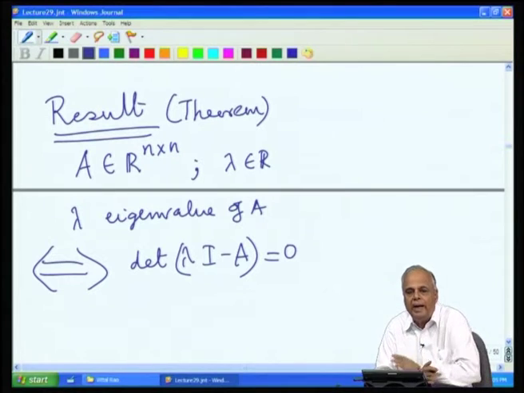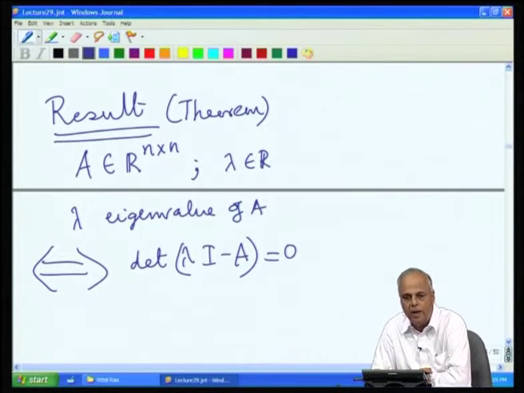So, now we have got a characterization of the eigenvalues of A.